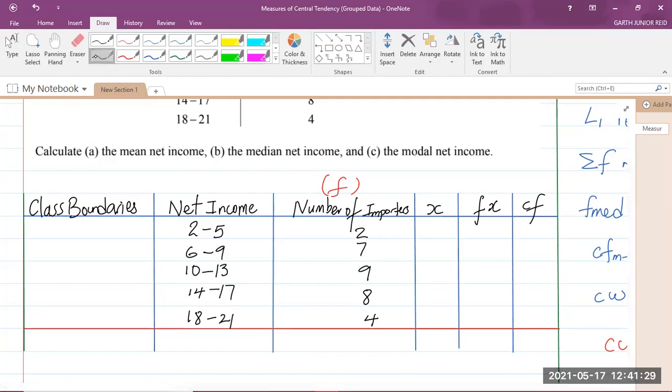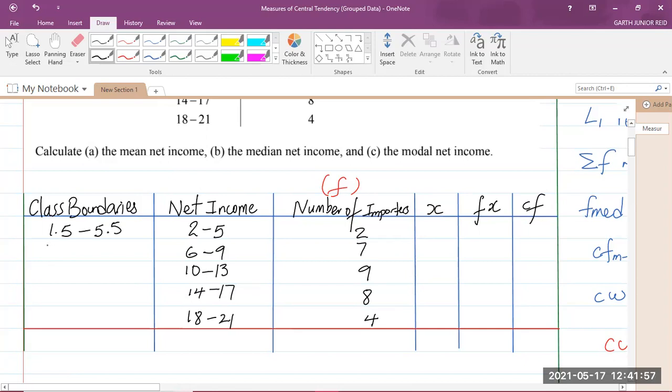Let's calculate that. For the lower class limit, we subtract 0.5, and for the upper class limit, we add 0.5. So 2 minus 0.5 is 1.5 to 5.5, since we're adding 0.5 to 5.